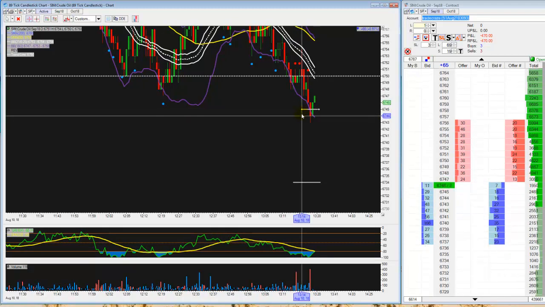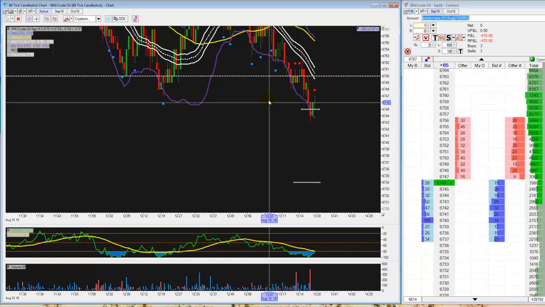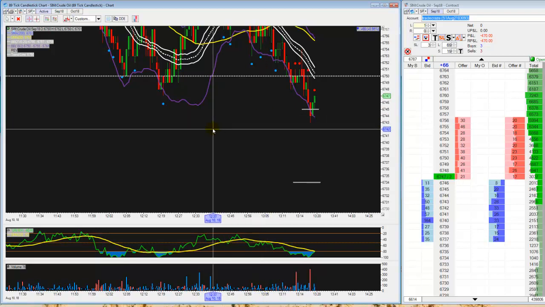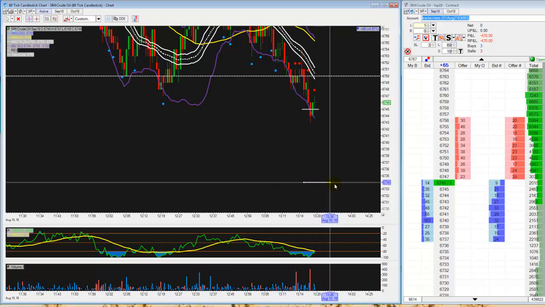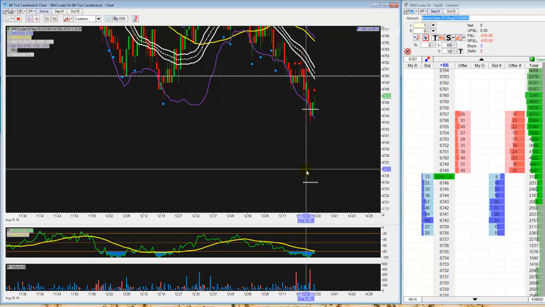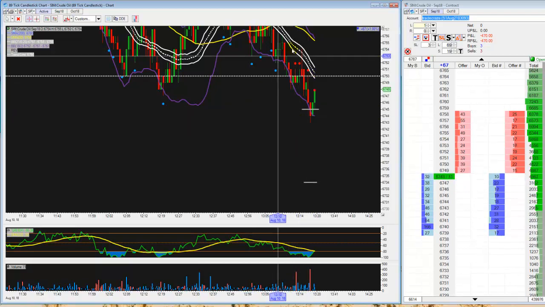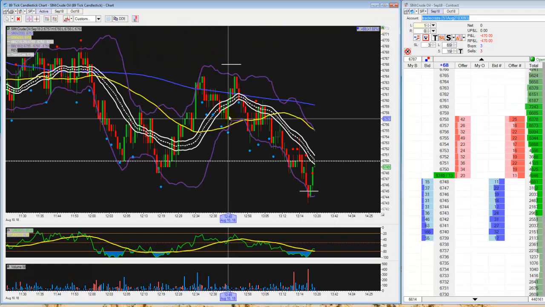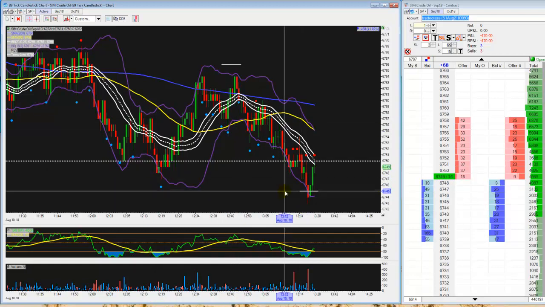I'd be very tempted to just take it off right here. And it being a Friday, most likely length of trade, I would have been happy at 1p right there.